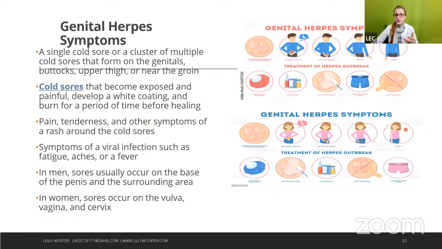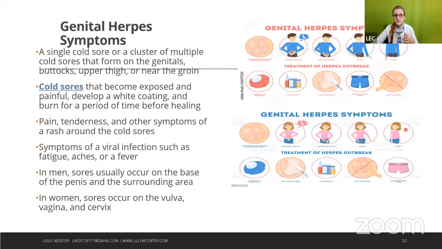The sores become exposed and painful, develop a white coating, and burn for a period of time before healing.